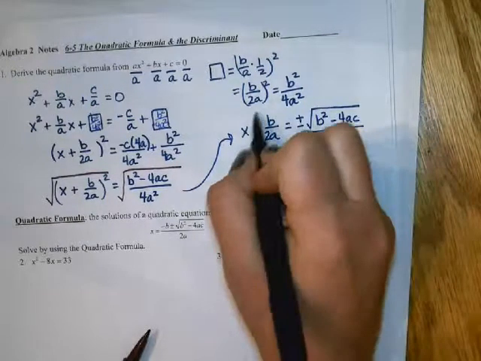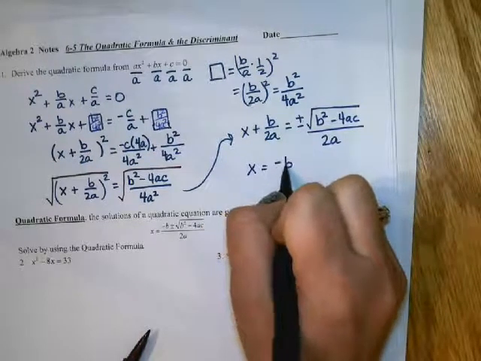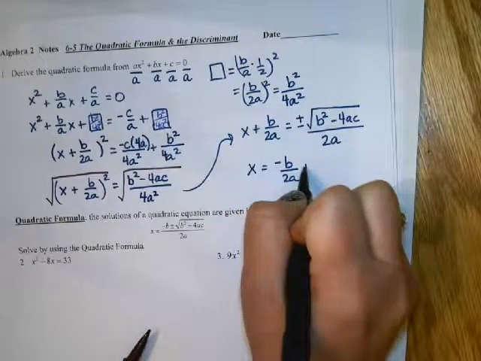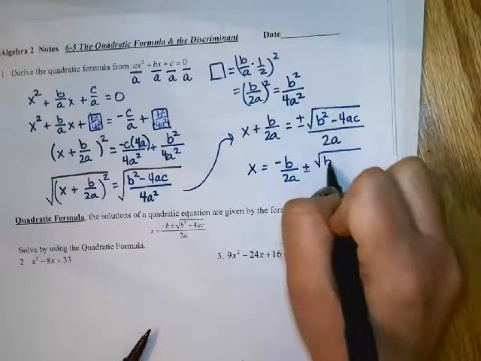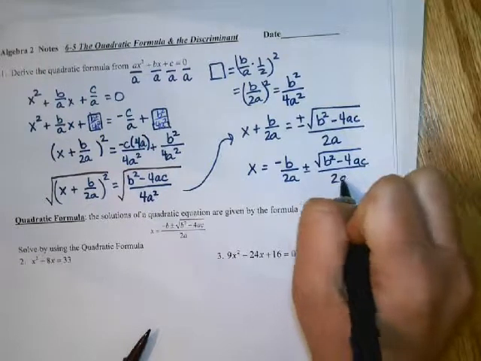And now I'm going to subtract my b over 2a. Negative b over 2a plus or minus the square root of b squared minus 4ac all over 2a.